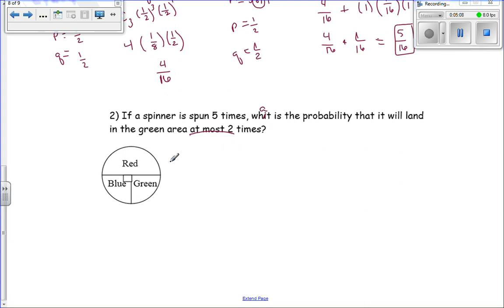So n is equal to 5 spins. r is equal to 0, 1, or 2. P is the probability of landing in the green area, which is 1/4. The probability of landing someplace other than the green area is 3/4.